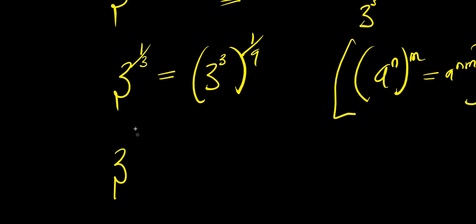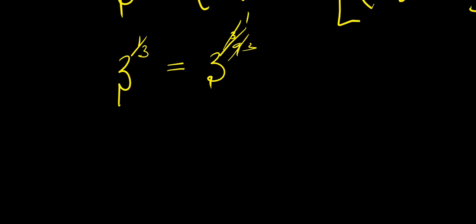So I have 3 power 1 over 3 equals 3 power 3 times 1 over 9. That's 3 over 9. So 3 divided by itself is 1, and 9 divided by 3 is 3. I have 3 power 1 over 3 equals 3 power 1 over 3.